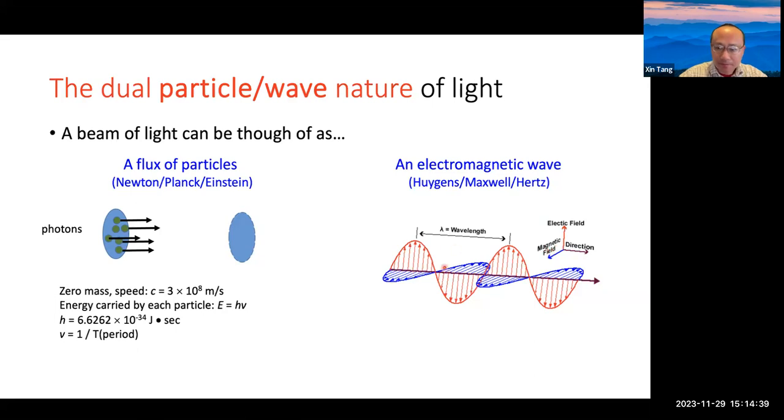Then these two waves form a transverse wave. Around this arrow, this is the propagation direction. If the propagation direction is perpendicular to the oscillation direction of the wave, then this is called a transverse wave.